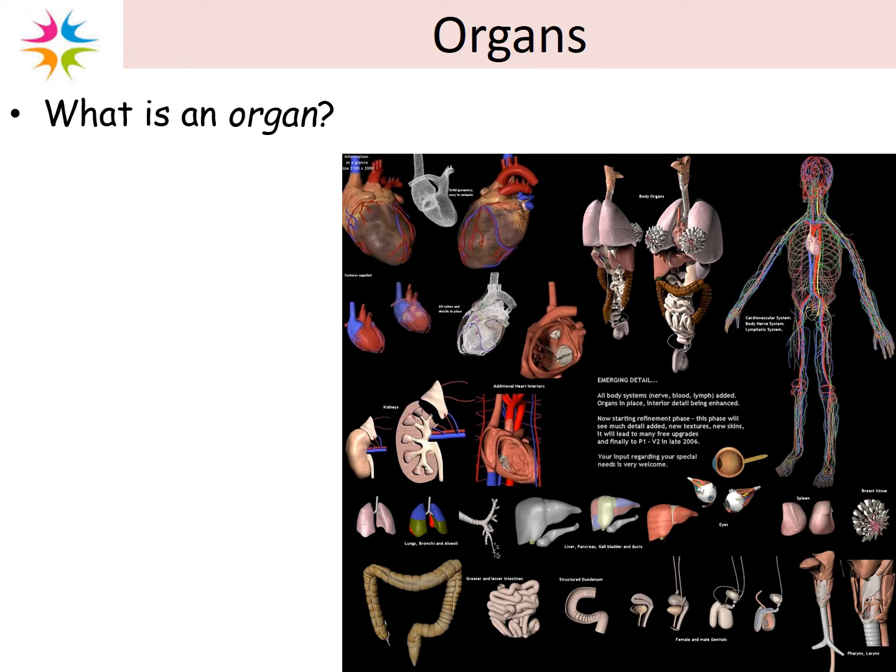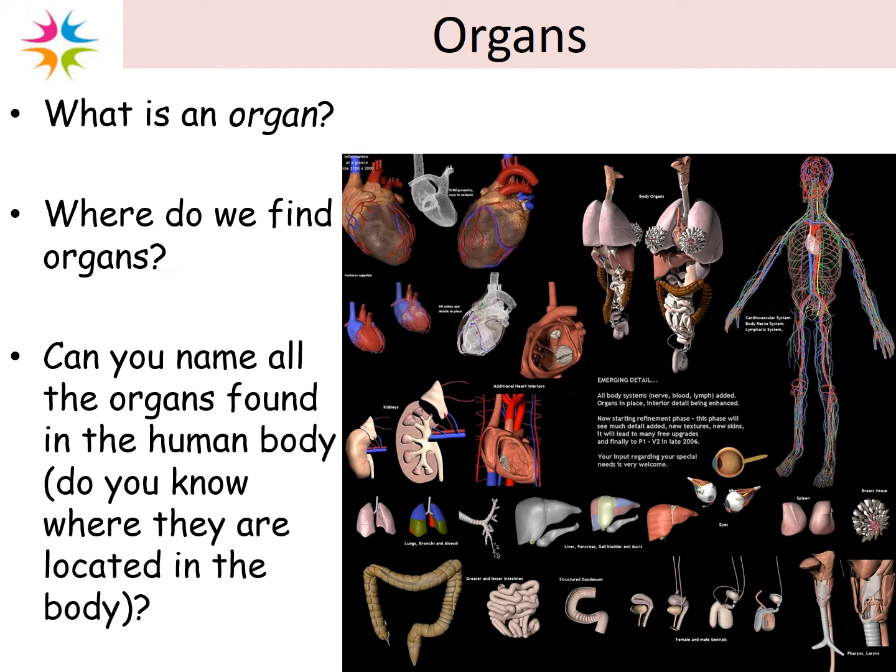So what is an organ? Where do we find organs? If you're not sure about the first two questions, I'm going to suggest that you pause the video and start from the beginning again. Can you name all the organs found in the human body? Do you know where they are located in the body?